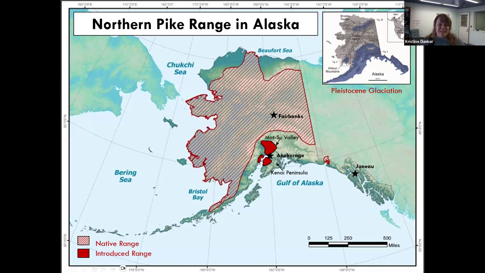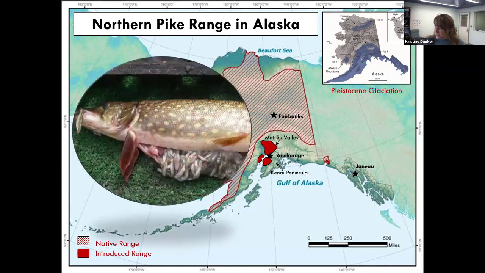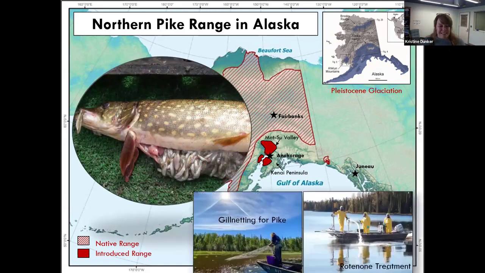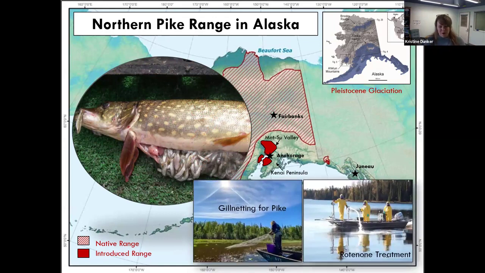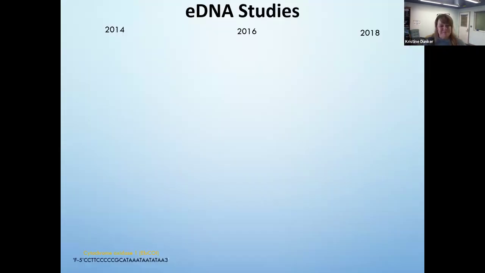In our current situation, it has been discovered that northern pike in this area are having very significant impacts on salmon resources. If you could please advance. And over the last 2 decades, please advance again, we've had a dedicated program in place to contain their distribution and manage their impacts and their abundance. Next slide, please.